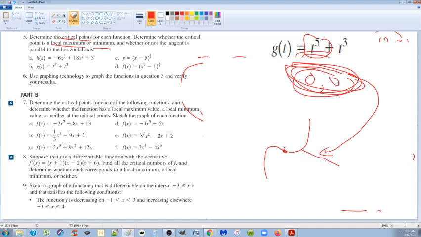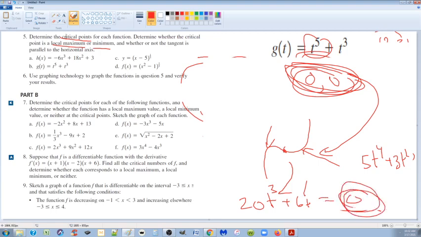And the only way you can determine it is to take values on either side, or you could take the second derivative. And here's the first derivative. And here's the second derivative. And when I put 0 into there, I get a 0. And because that's neither positive nor negative, it tells me it is also an inflection point.